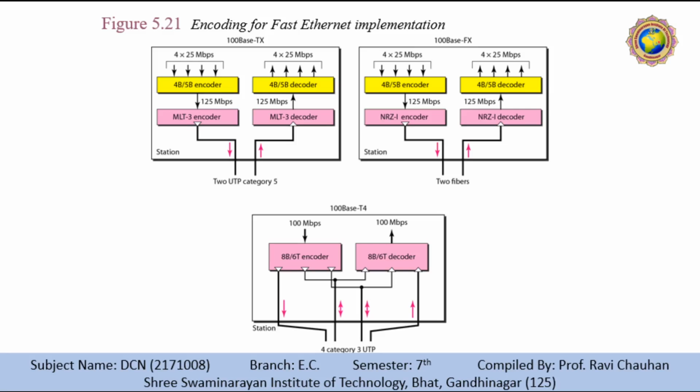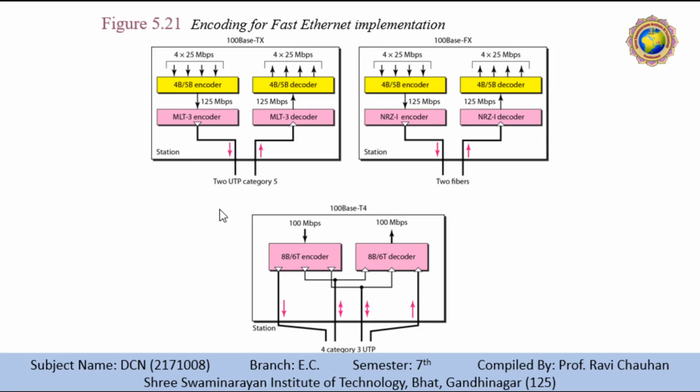For this reason, the Fast Ethernet designers sought an alternative encoding or decoding scheme. However, it was found that one scheme would not perform equally well for all three implementations. Therefore, three different encoding schemes were chosen. You can see in this figure the three different encoding schemes that can be applied to Fast Ethernet implementation.